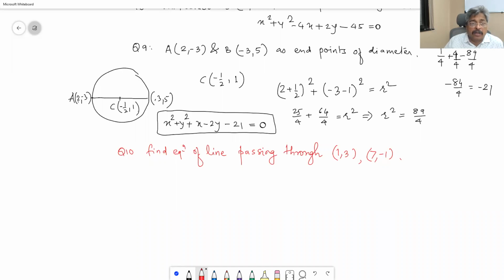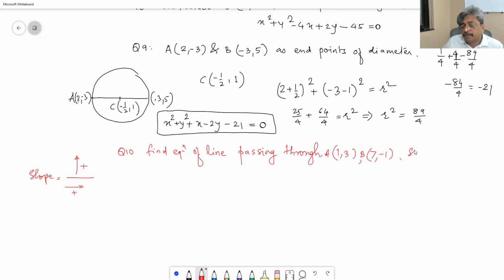Let it be a locus problem. We have defined slope as the distance traveled in the positive direction of the y-axis per unit distance traveled in the positive direction of the x-axis. That is our slope, right? So we can find out the slope of AB.